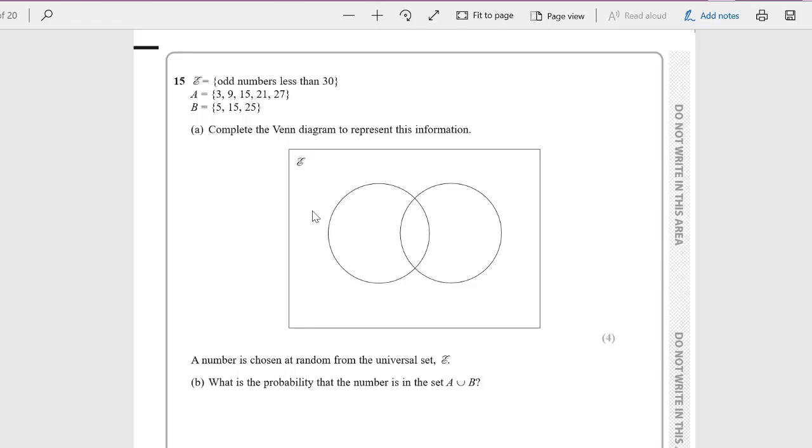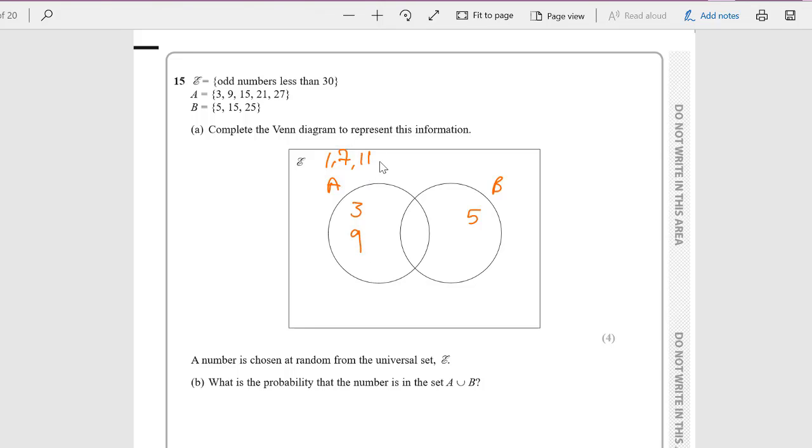Let's do 1, 2, 3. Well, 3. So let's label this A and this B. So 3, put it there. So 4, 5. We've got 5 in B. 6, 7. So 7. 8, 9. 9 is in there.